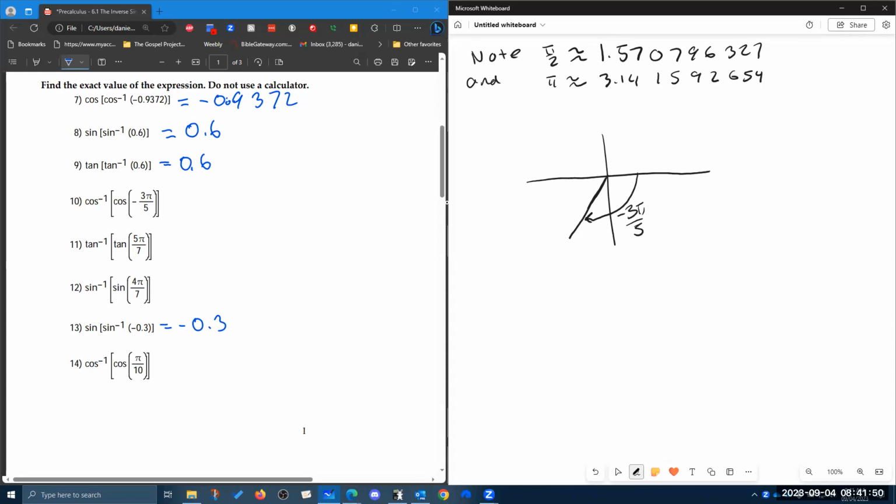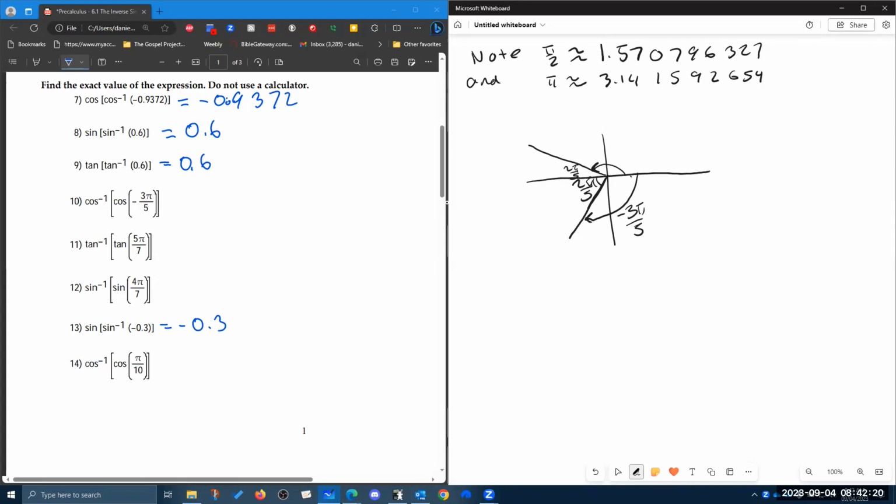Now, our cosine doesn't return an answer in quadrant 3, so I need to have the same reference angle here. This is 2 pi over 5 as my reference angle right here to get me up here, and I need to have that same reference angle over here, but I need to return this angle that's measured from 0 to pi, 2 pi over 5 away from the x-axis.